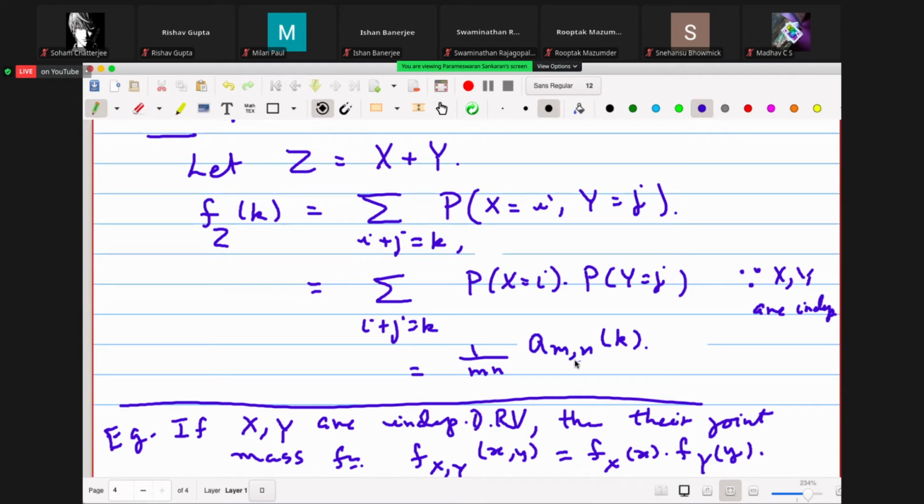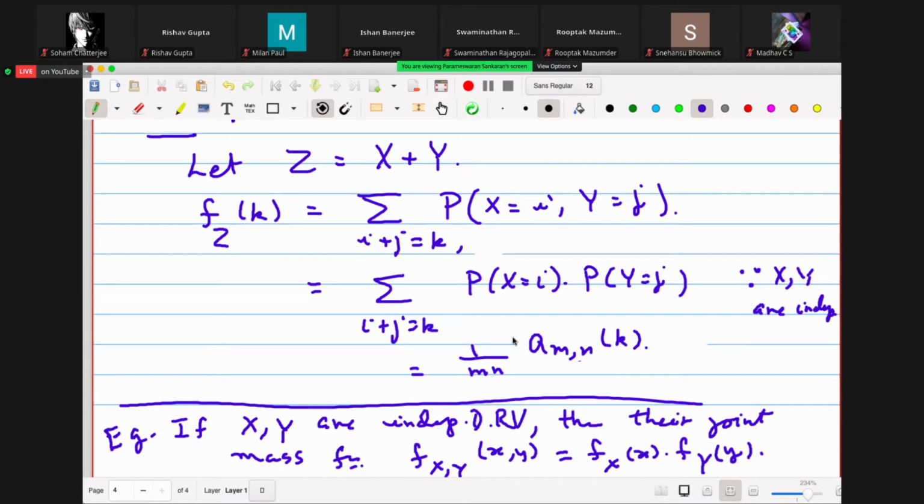And what is this function A_{m,n}(k)? It is the number of ways in which you can write k as a sum of two positive numbers. If it was unrestricted, that would be k minus 1, since I am not allowing for 0.